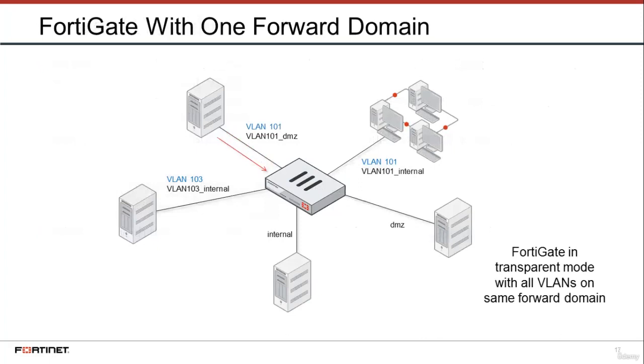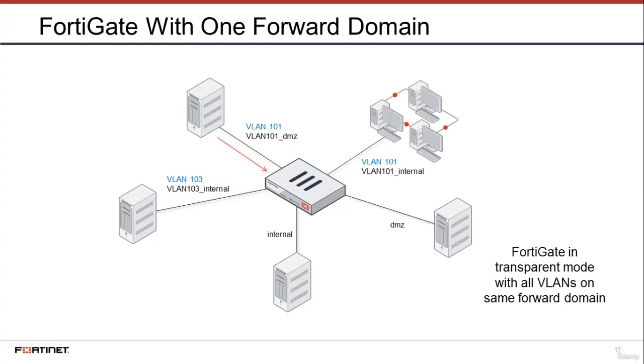FortiGate with one forward domain. This slide illustrates the problem, a broadcast with all the interfaces on forward domain 0. One device sends an ARP request, that is, an Address Resolution Protocol request. It reaches FortiGate through one of the interfaces in the VDOM.